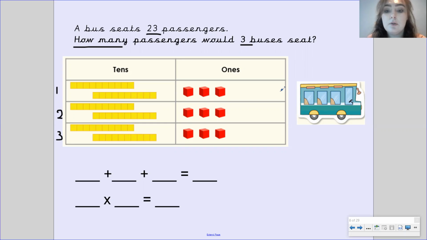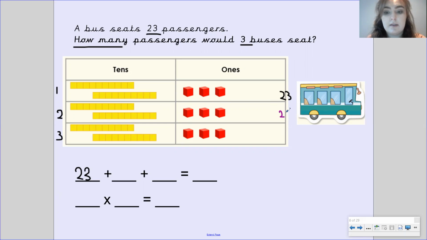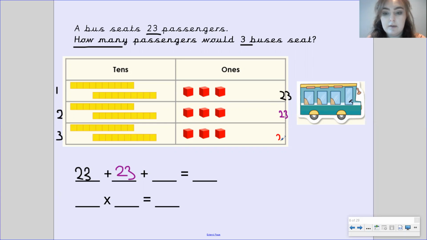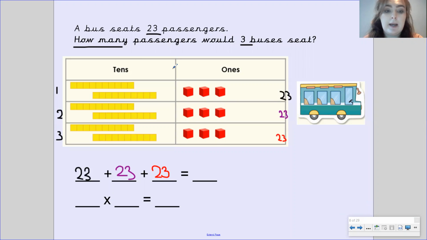Okay, so well done. So you know that in this group we've got 23. So therefore the first one will be 23, add 23, which is in this group, add the 23, which is in this group. Okay, so what we need to do next is we need to work out the total number of passengers.